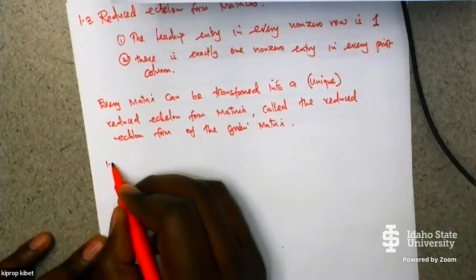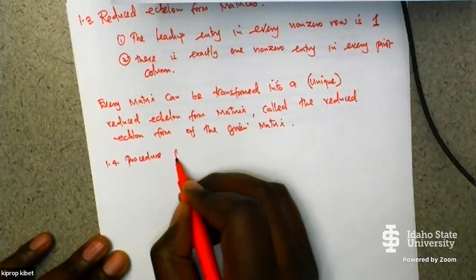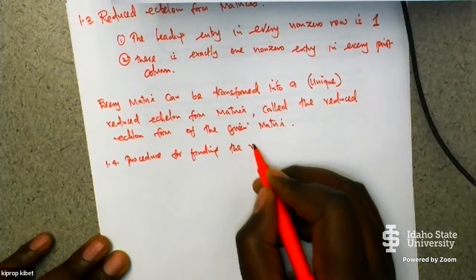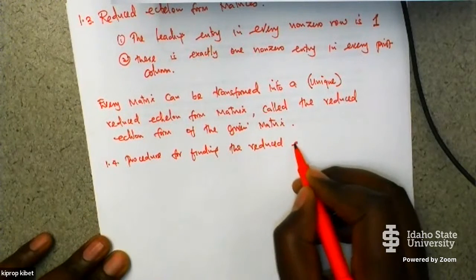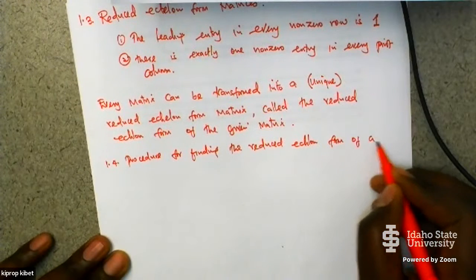So let's look at 1.4, the procedure for finding the reduced echelon form of a matrix.